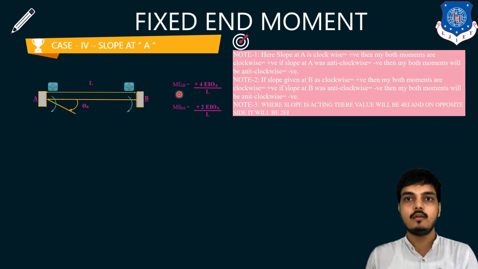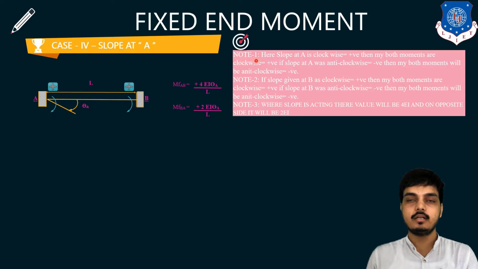The formula for MFAB at point A will be plus 4EI theta A upon L, where theta A is the slope at A. At the opposite end, half will be transferred, which is MFBA equals plus 2EI theta A upon L. Here you can see both are positive because both the moments are clockwise.